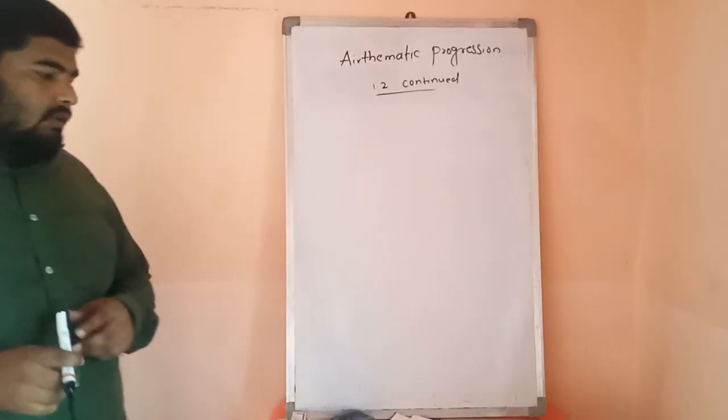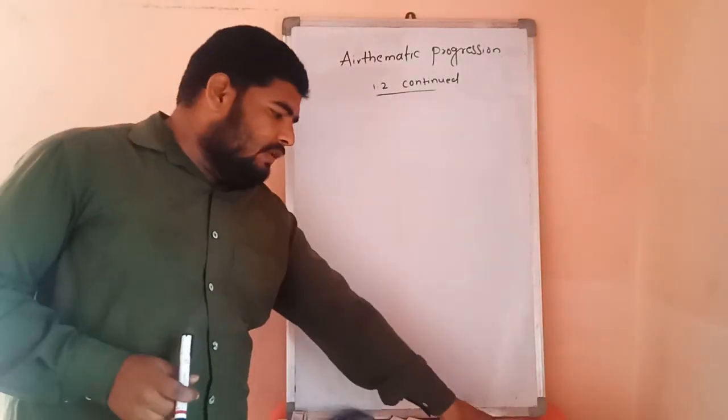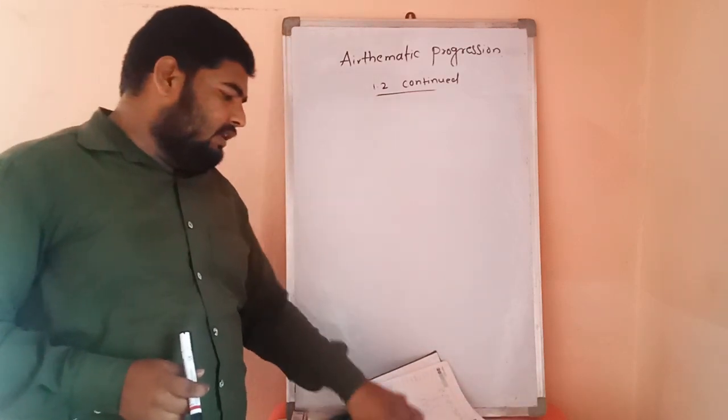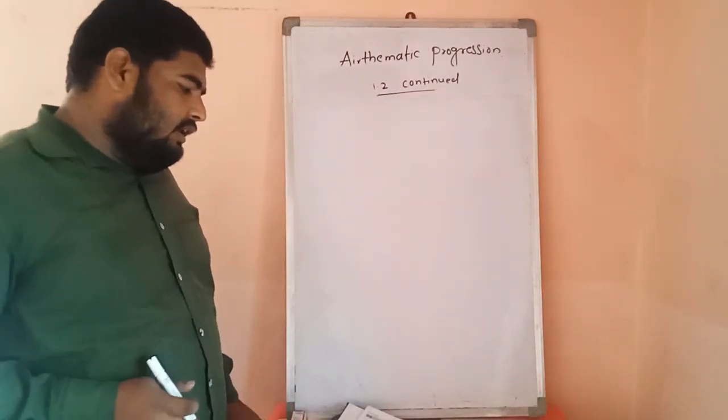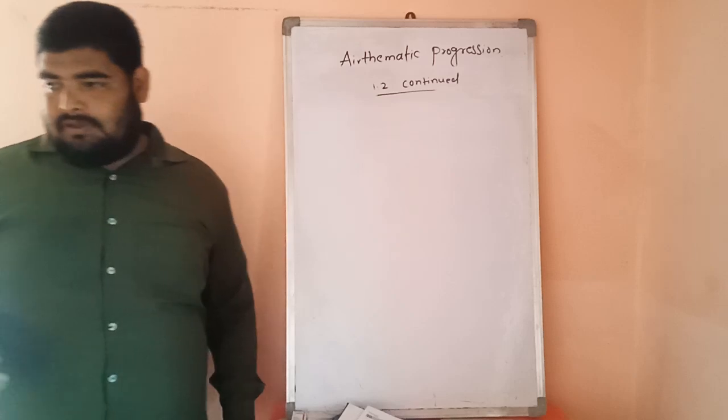Okay. So the 10th question is: the 17th term of an AP exceeds its 10th term by 7.